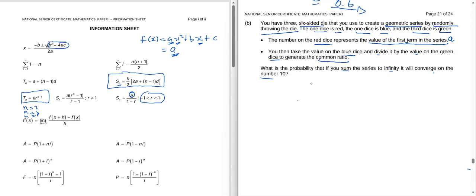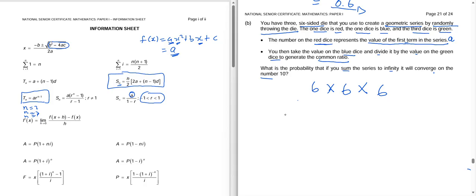So there are 6 possible ways of arranging a red dice, and it is independent of 6 ways of arranging a blue dice, and is independent of 6 ways of arranging a third dice.